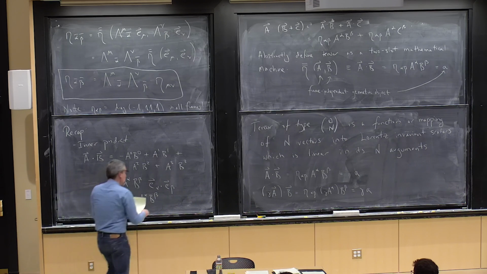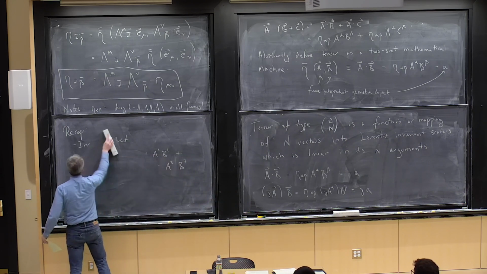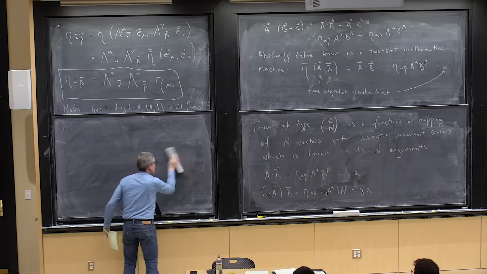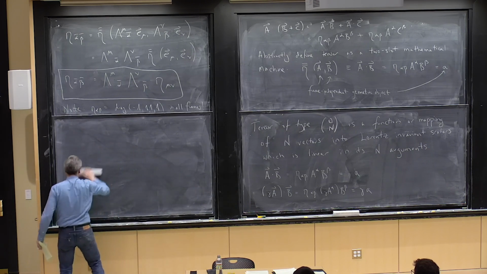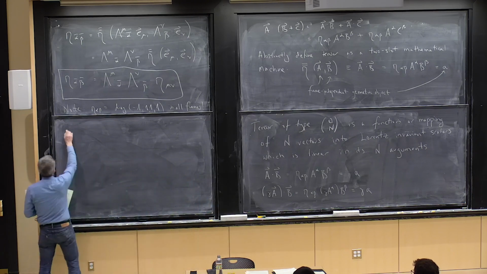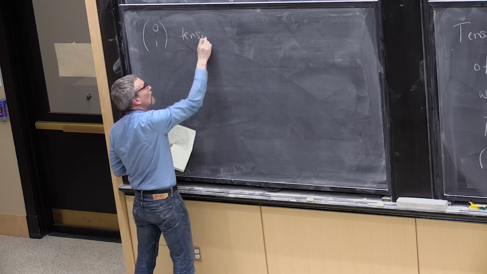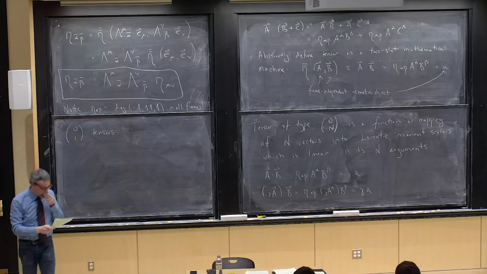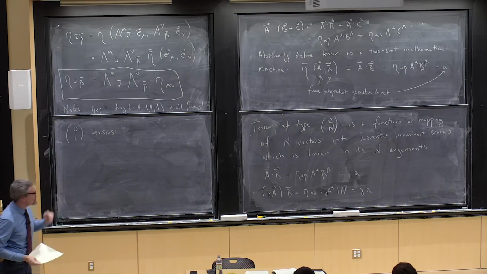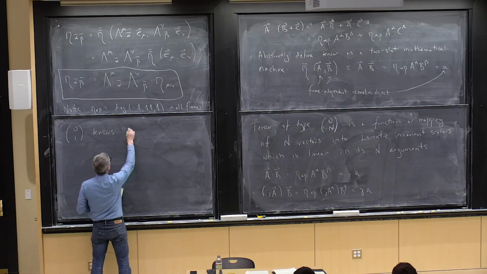Okay. I want to spend a few moments talking about a particular subset of tensors, of the 0n tensors, where n equals 1. This is a subset of tensors in general that is known in many textbooks as one-forms.